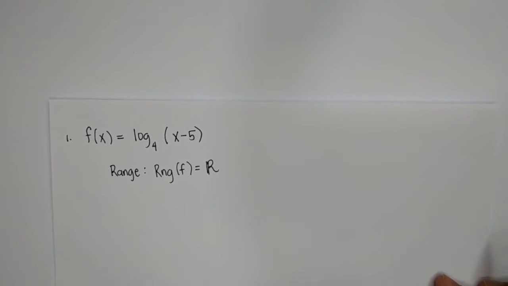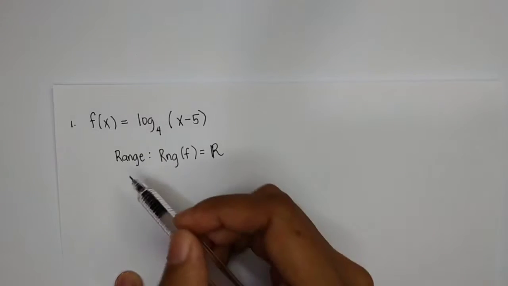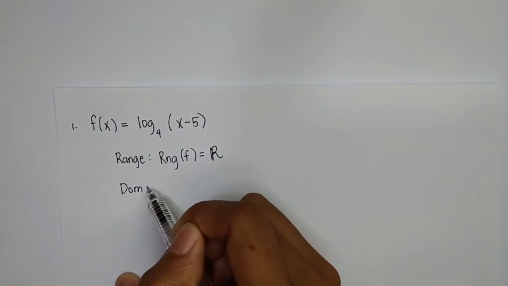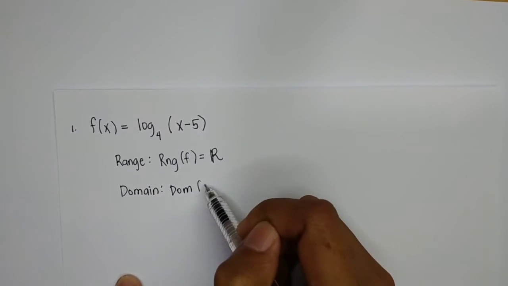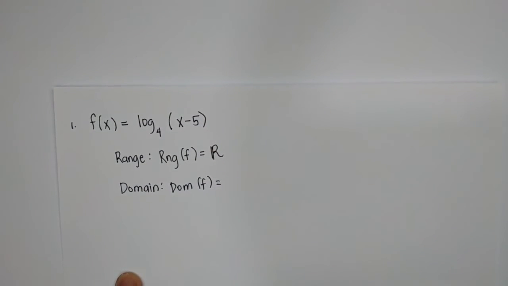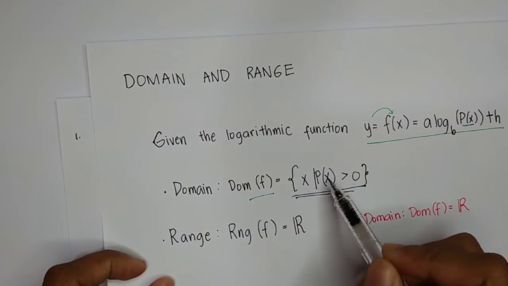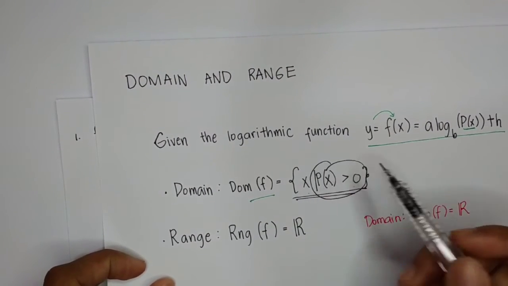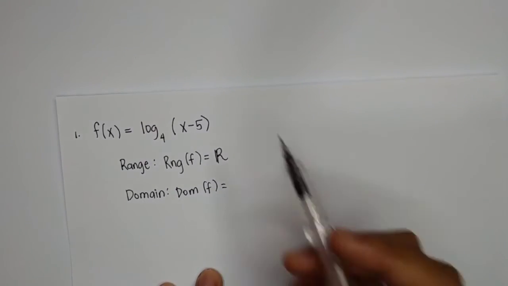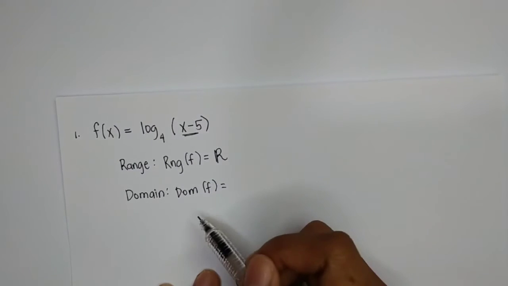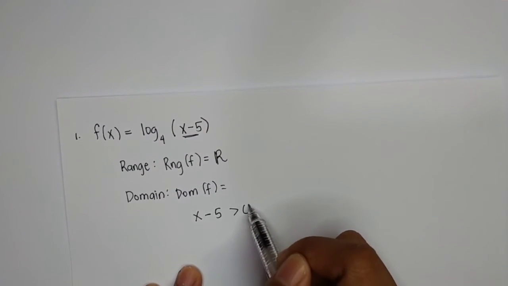So, let's find now our domain. Ano yung domain natin? Base tayo sa conditions natin. Yung domain natin, dapat nakaganito, our p of x is greater than 0. So, let's solve for that. What is our p of x? Ito yung p of x natin. That will be x minus 5 is greater than 0.